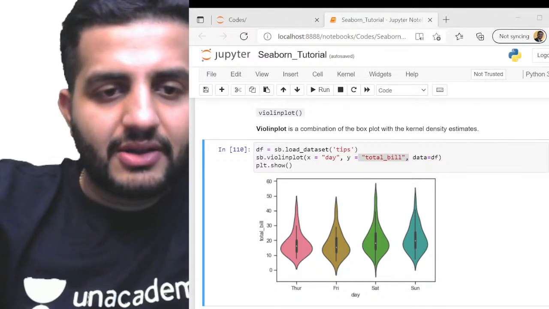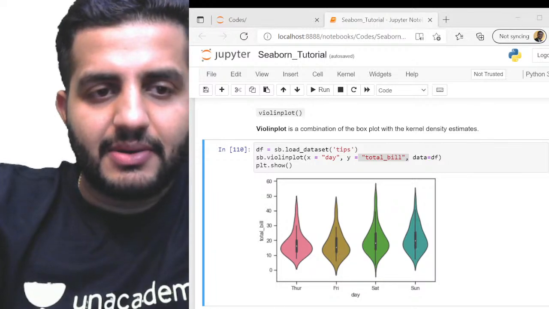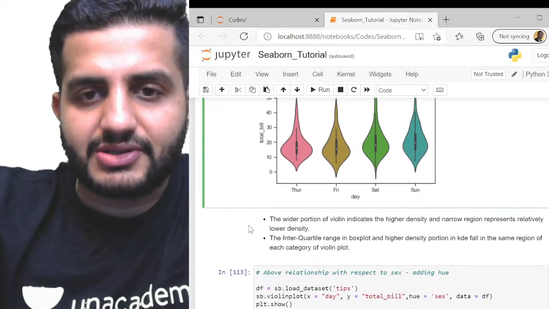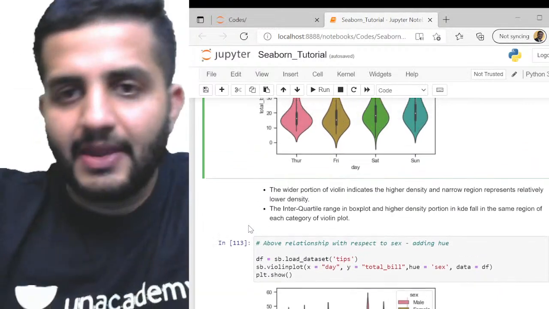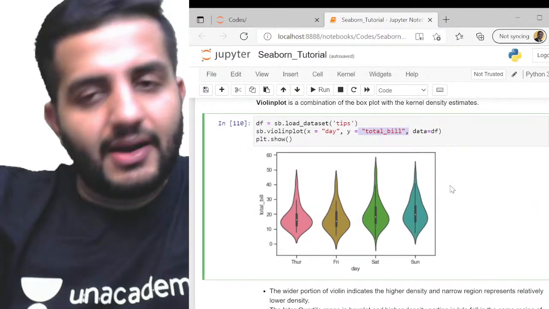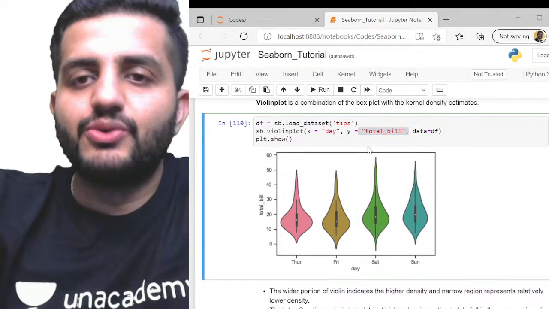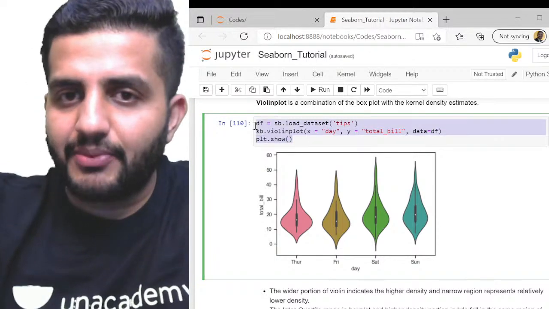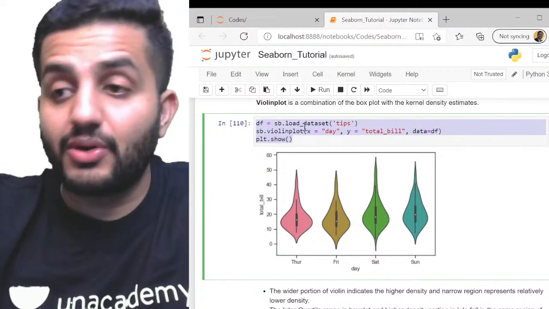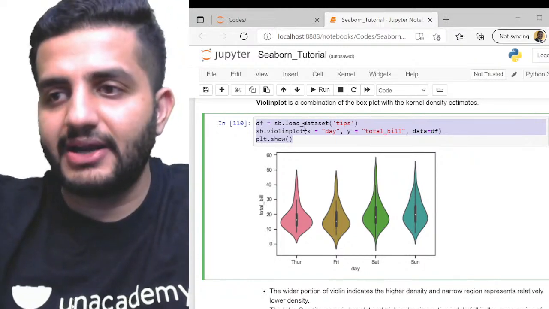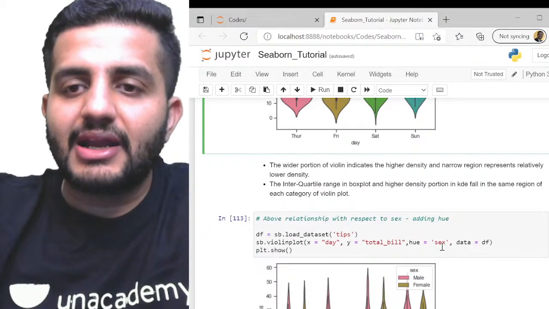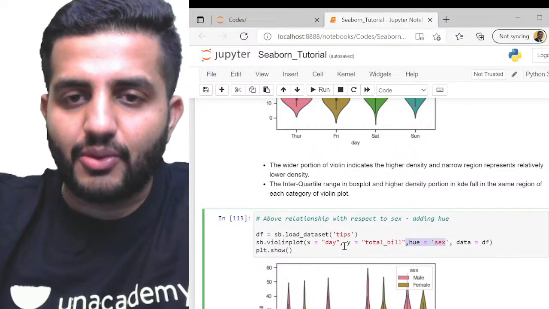Cool. So let's look at one or two more variations here. I believe we should have some more variations. Okay. Again now, as always, we can introduce hue also on top of this same violin plot. Hue, you know, we can add one more granularity level on top of my data. So in this violin plot, again we put in hue, the same gender as hue, no problem at all.